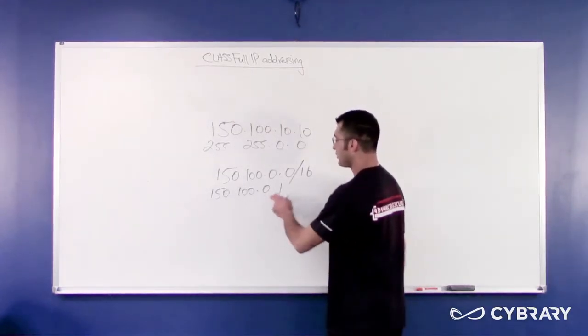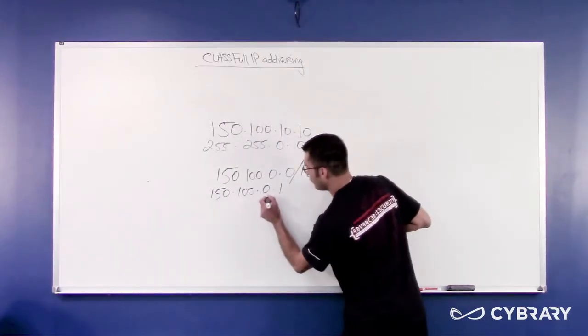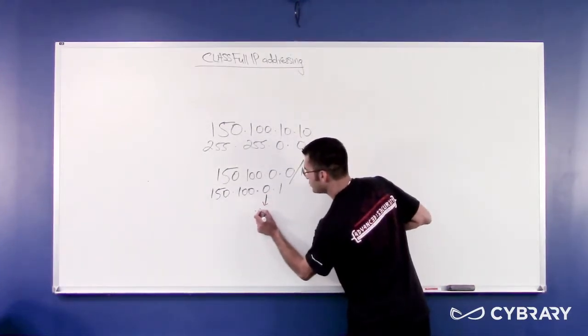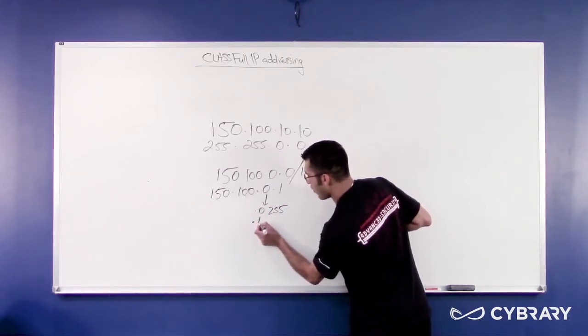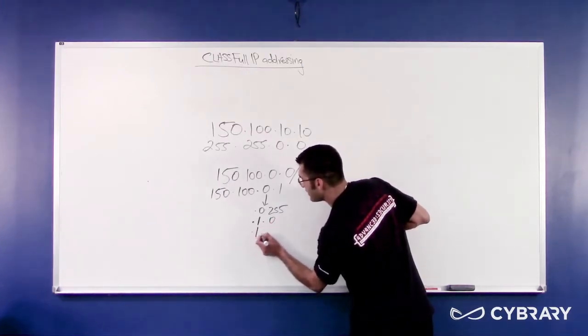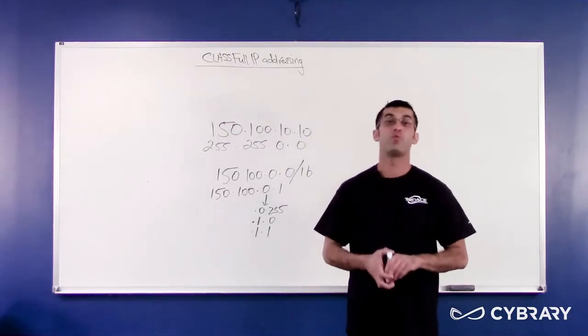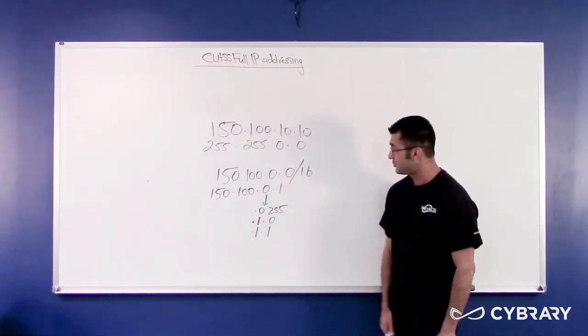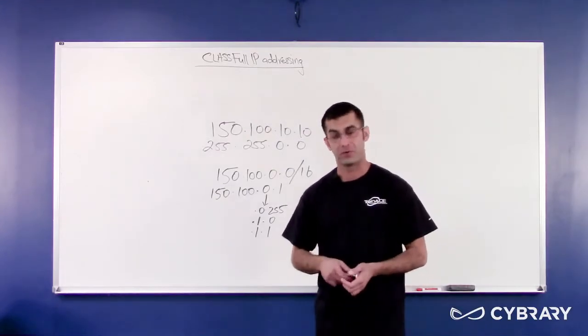So this would go 0.1, 0.2, 0.3, 0.4, all the way through 0.255. Then you would have 1.0, 1.1, 1.2, 1.3, all the way through 1.255. Then you would have 2.0, 2.1, and so on and so forth.